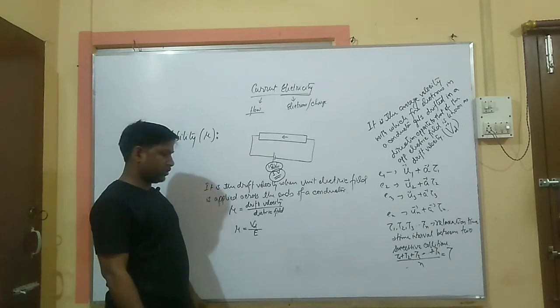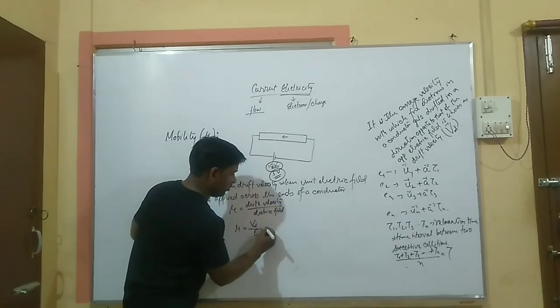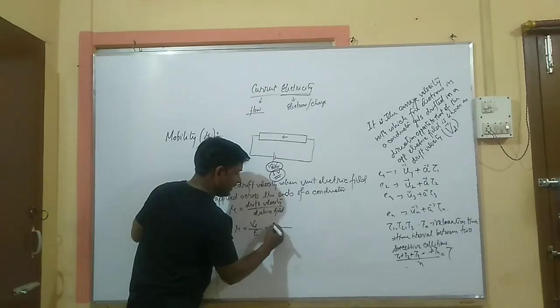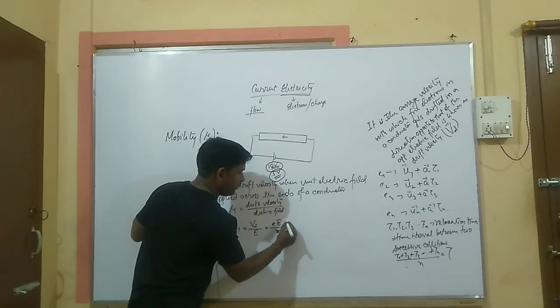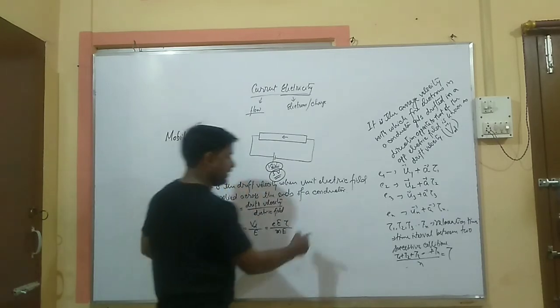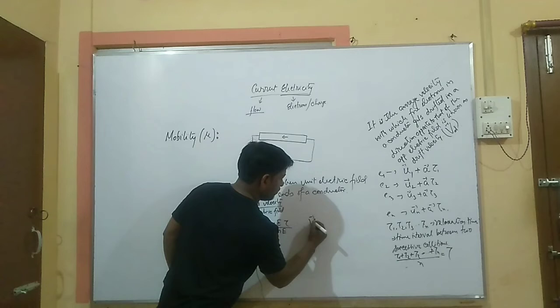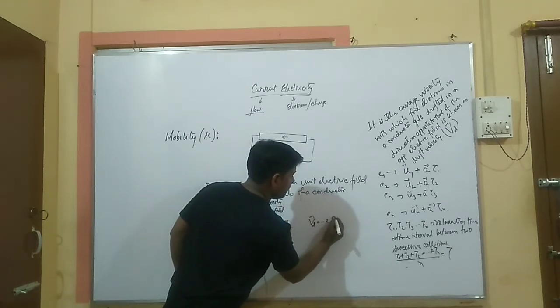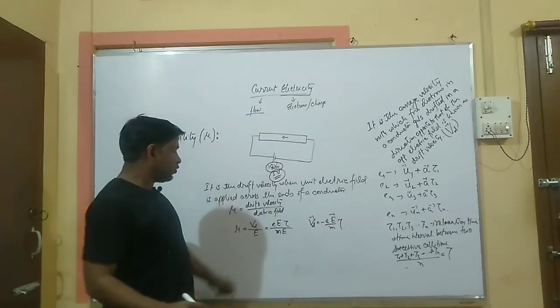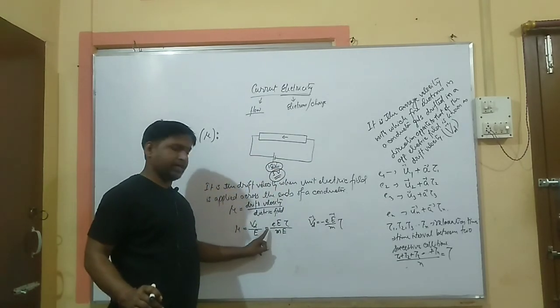Now, if we replace the value of v_d here, we get e E by m into tau. In the expression of drift velocity v_d equals minus e E by m into tau, there is a negative sign, but we need not necessarily put a negative sign here.